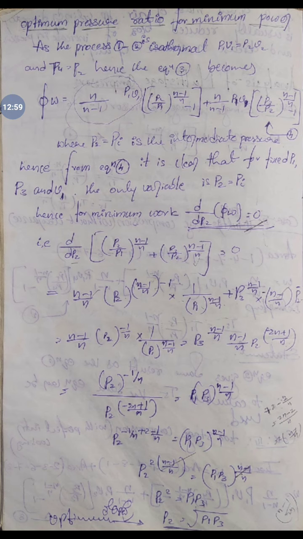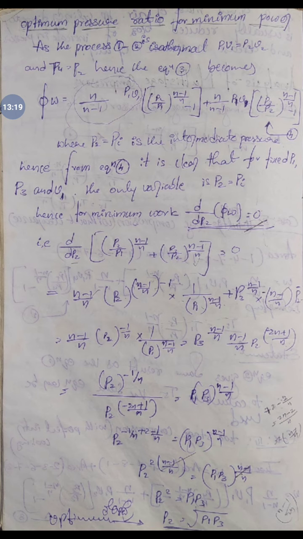That is, d by dP2 of, in the above equation 4, it is reduced as d by dP2 of the bracket (P2 by P1)^((n-1)/n) plus (P3 by P2)^((n-1)/n) is equal to 0.